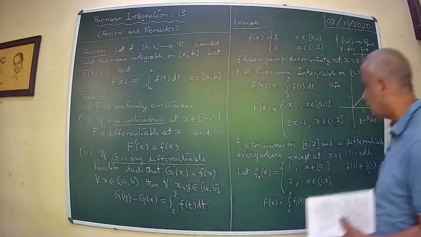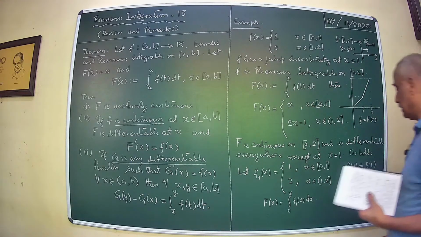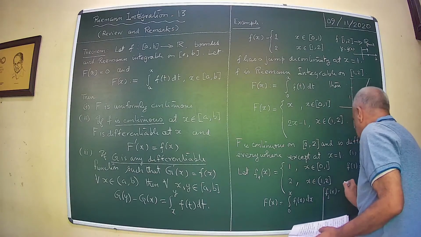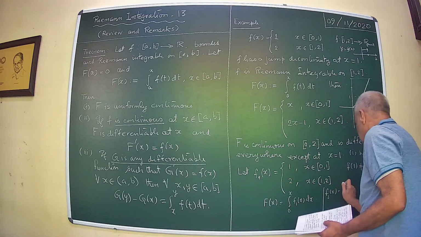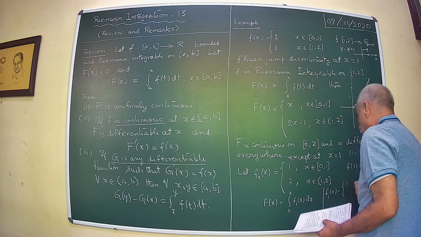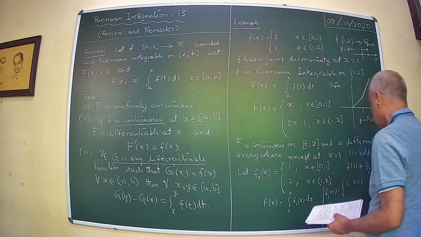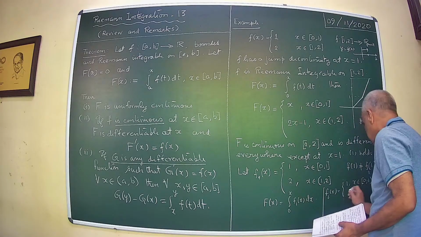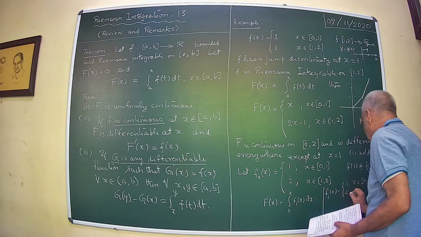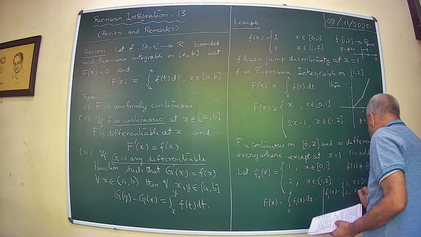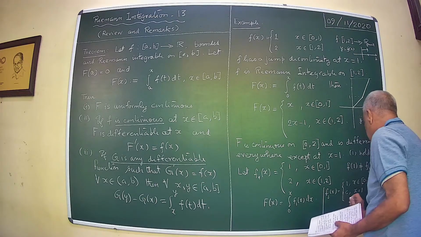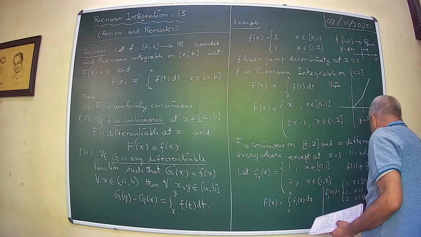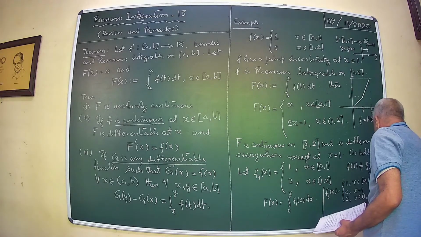Now, in fact, more generally, one can even introduce an f2 which is 1 on x belonging to [0, 1) and some constant c at x equal to 1, c finite of course, then 2 on x belonging to (1, 2].